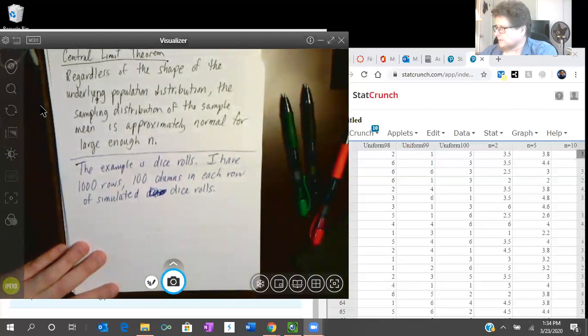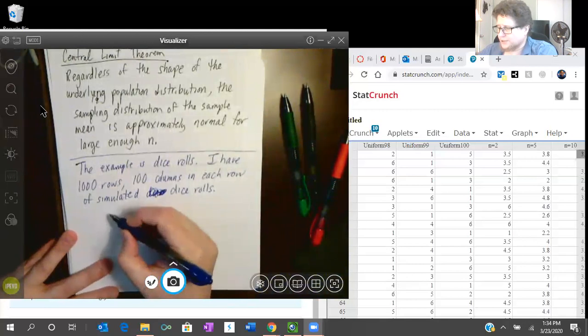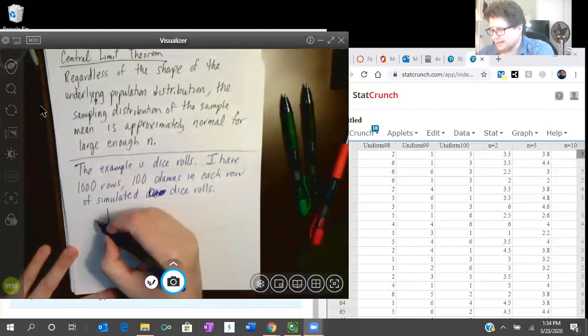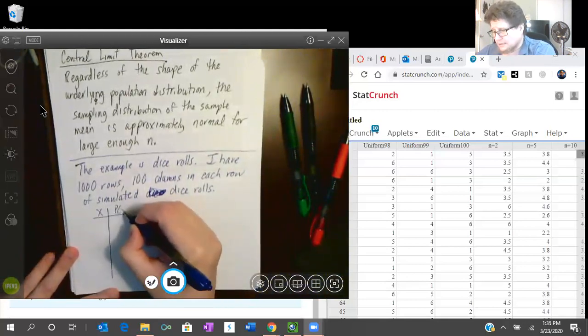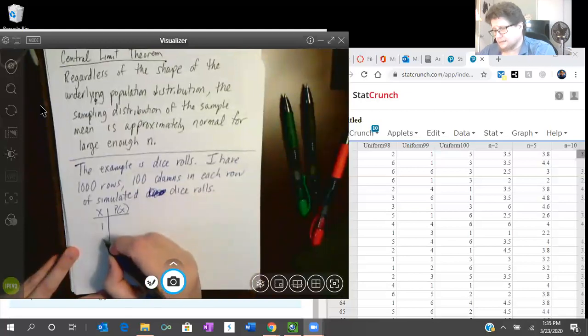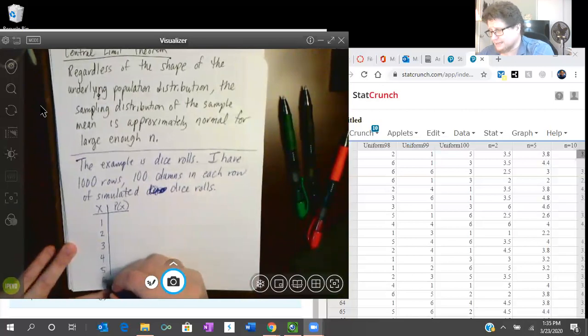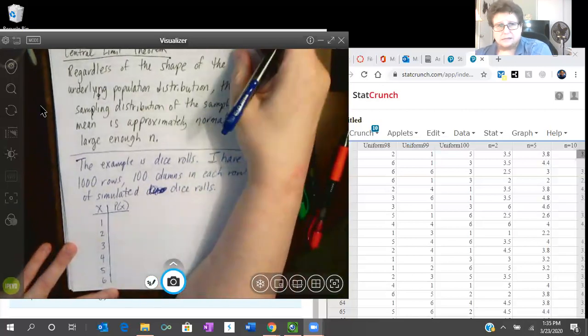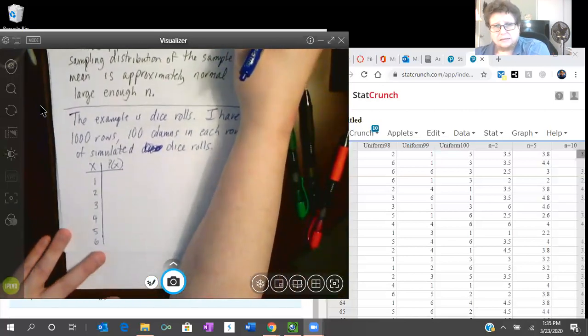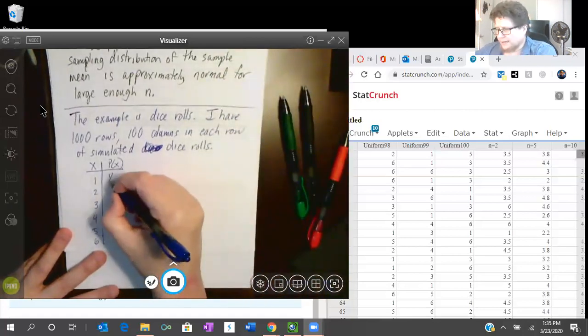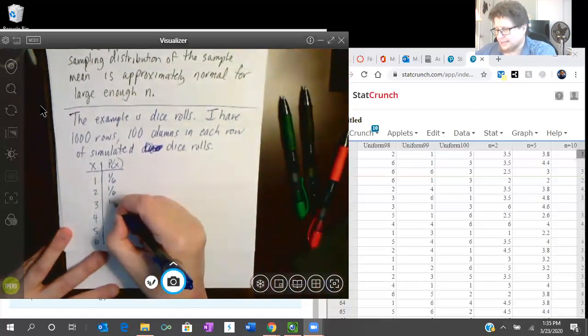Now, we could do the whole custom calculator. Remember when we did this, we could do X and P of X. We've got 1, 2, 3, 4, 5, 6. The probability of each one happening is 1/6.